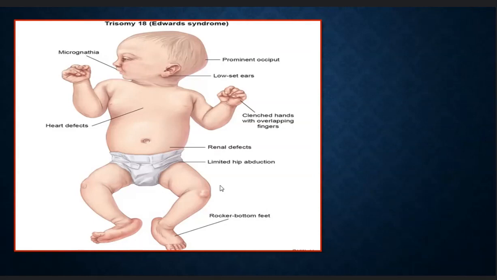It's by what's called non-disjunction. This is for all trisomies, starting with trisomy 21. And in a minority of them, it may be because of translocation. So because the mode of affection is by non-disjunction, there is a high relation between increased maternal age and increased incidence of this disease.